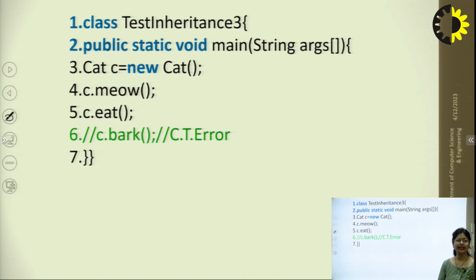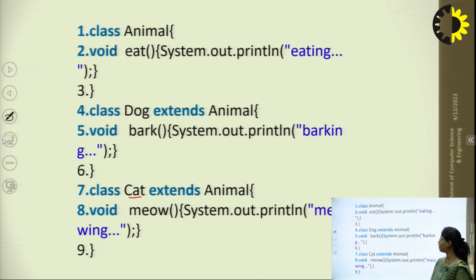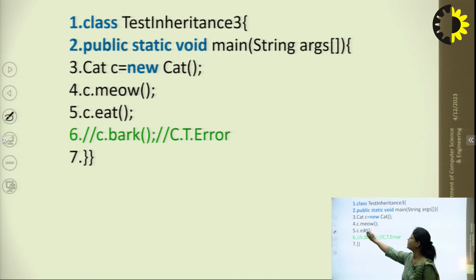So what we have done? We have created an object for the Cat class only. Okay? And then we are calling c dot meow and c dot eat.